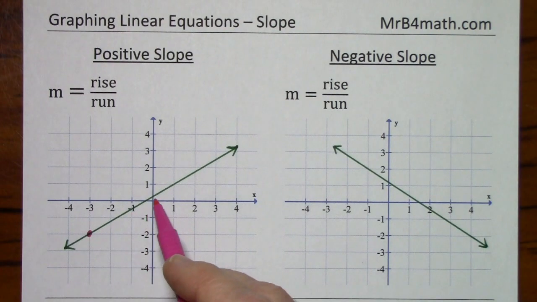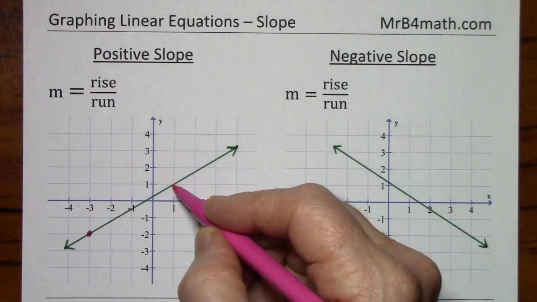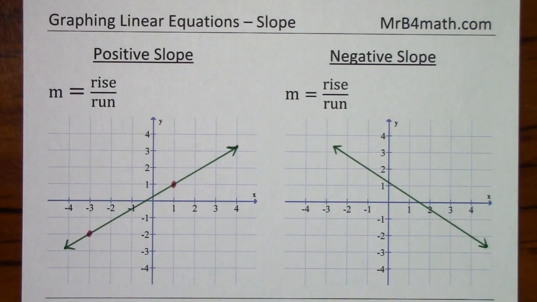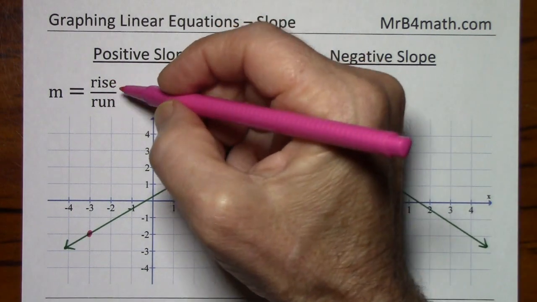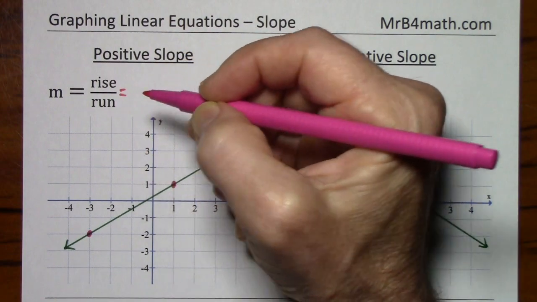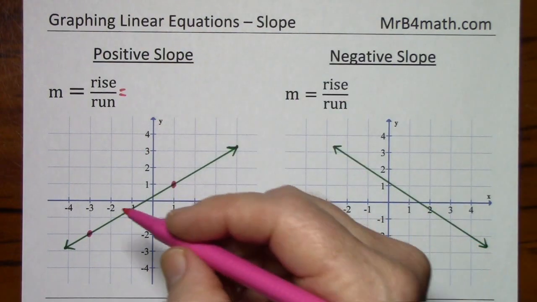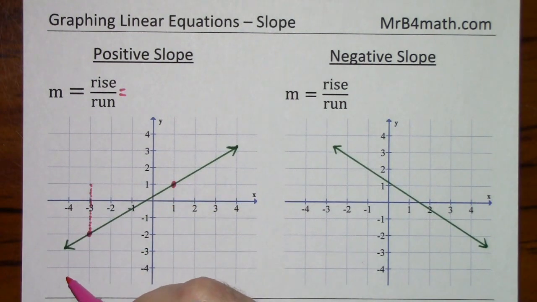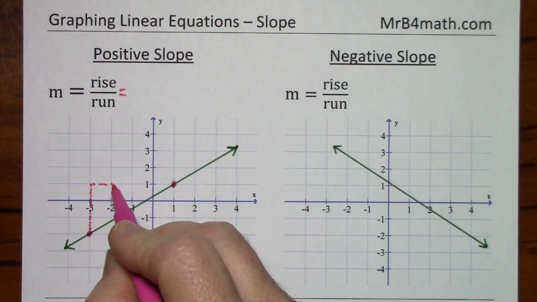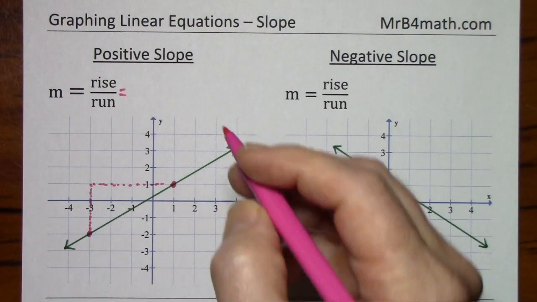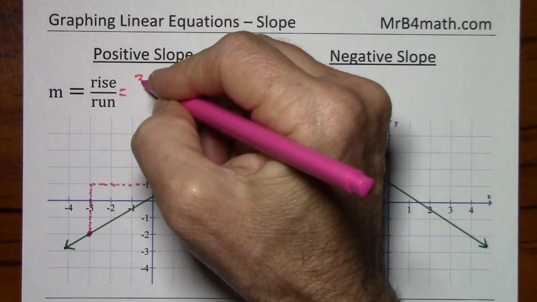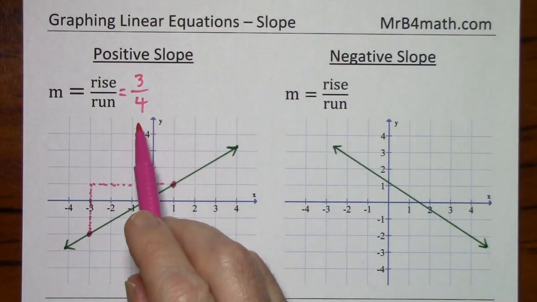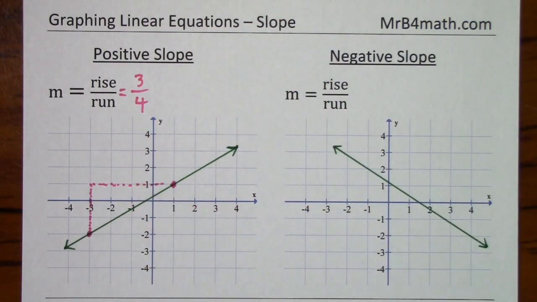And going up the line, I can tell this point is 1, 1. So if slope is rise over run, I rise 3 and I run 4. As you can see, that's a positive fraction.